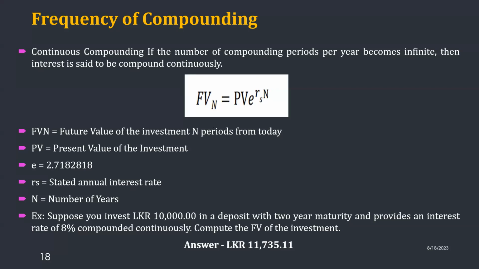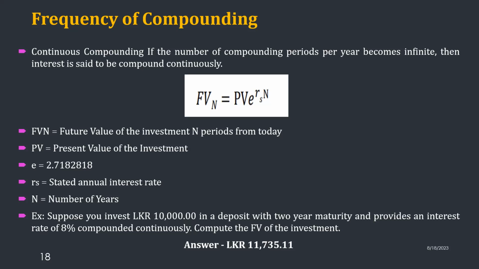I told you that there can be more than one time where the interest is compounded. In the first, basic scenario, you have a frequency of one time per year, and then it gradually increased up to semi-annually, quarterly, monthly, daily.